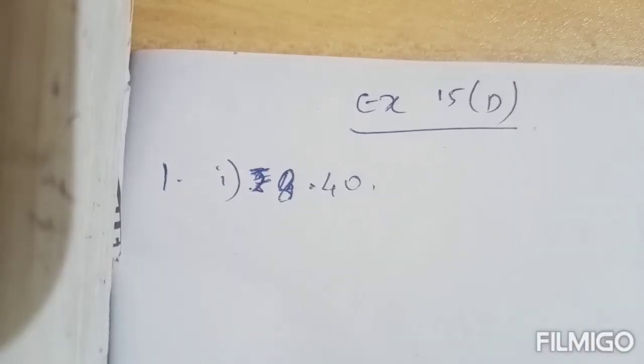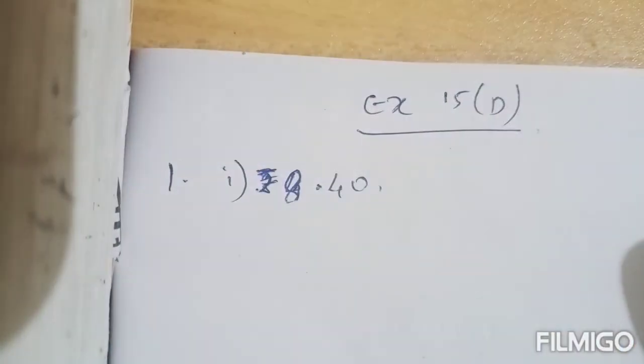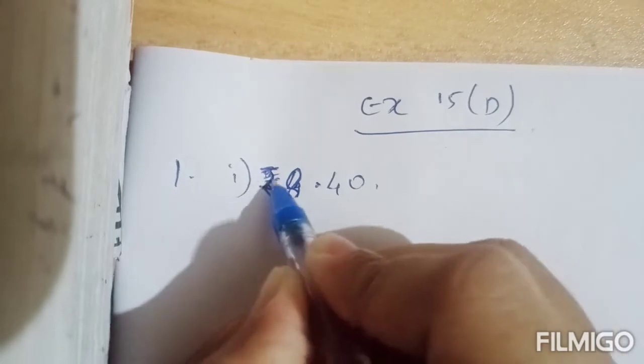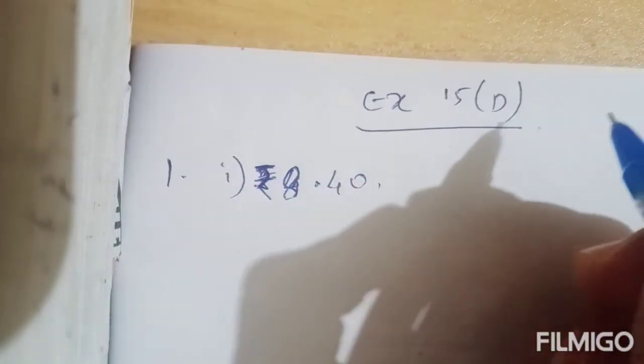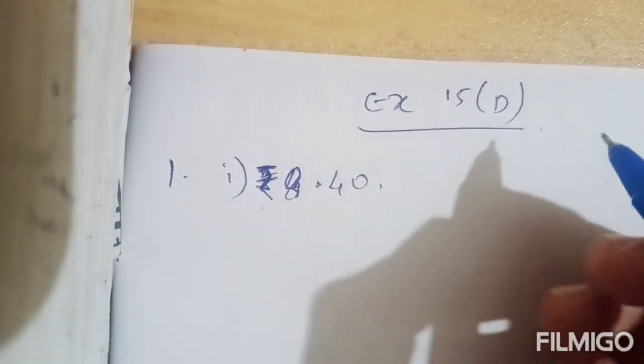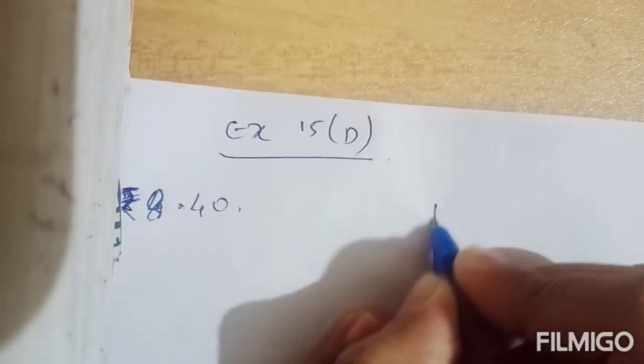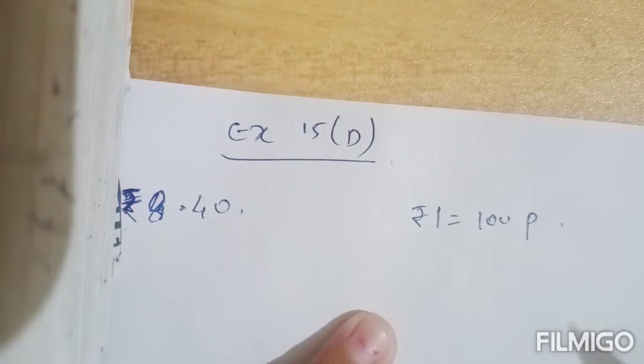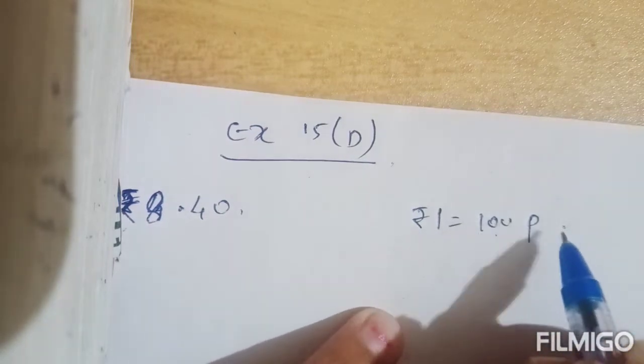Exercise 15D, first question, express in paise. In that first one, rupees 8.40. So this you have to express in paise. Convert this rupees to paise. So we know that 1 rupee equal to 100 paise. Okay, 1 rupee it is 100 paise.